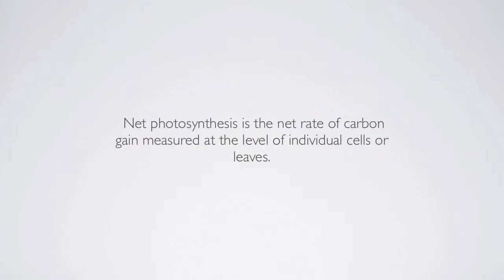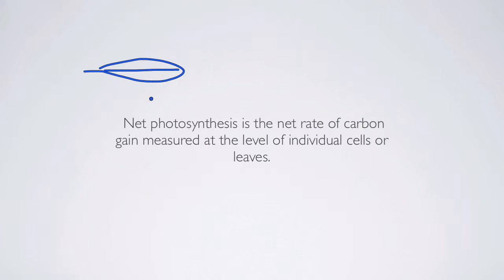Now, net photosynthesis is the net rate of carbon gain measured at the level of individual cells or leaves. So when we take a leaf and we measure the photosynthetic rate of that leaf, there are different processes happening. Part of what's happening in a leaf, at least in the light, are photosynthetic reactions, and that's the gross uptake of carbon.